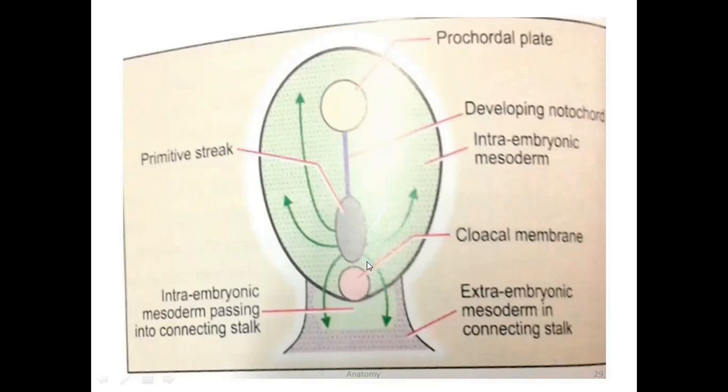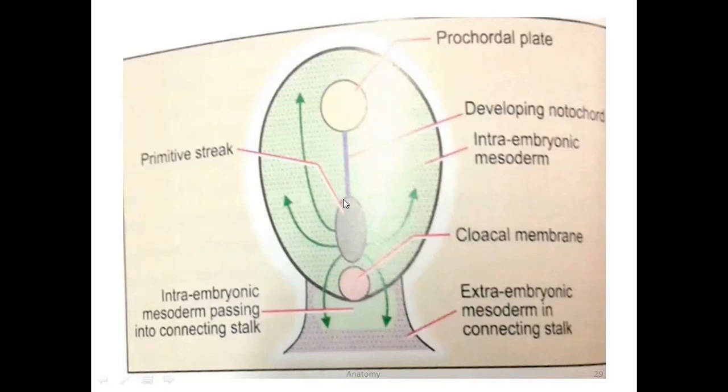We should know that the primitive streak later on gets elongated, and posteriorly we get the cloacal membrane. Now another structure we come across is the developing notochord. In the primitive streak, cells proliferate. Initially it is nodular, circular, then it becomes elongated, which we call the primitive streak.